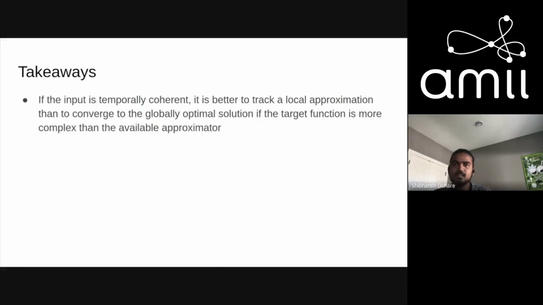By complexity, I mean this is important because if we can exactly represent the target function, then we don't necessarily need to track. We can just find one stationary solution, and that will solve everything. And when I say globally optimal, I mean global for the entire input space. If we try to find a solution that is good for the whole input space and fix that solution, then we can maybe do better than that.